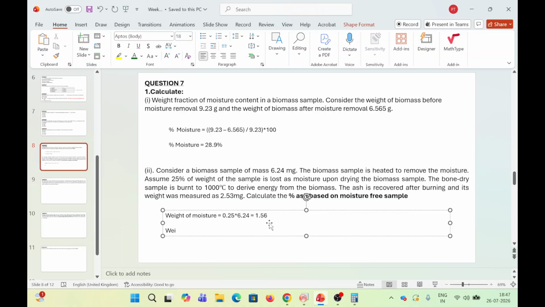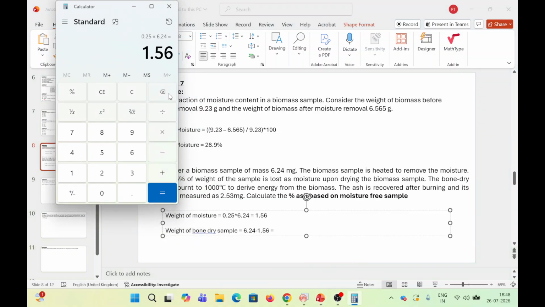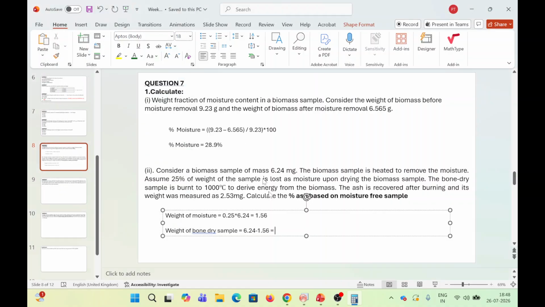So weight of bone dry sample is nothing but 6.24 minus 1.56. So how much is that? 4.68 mg.